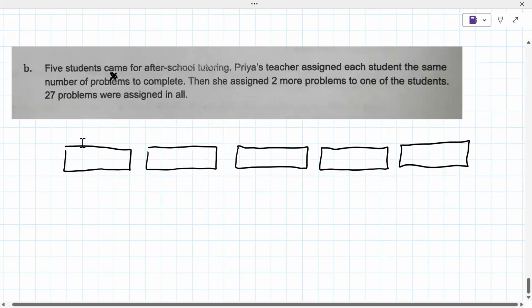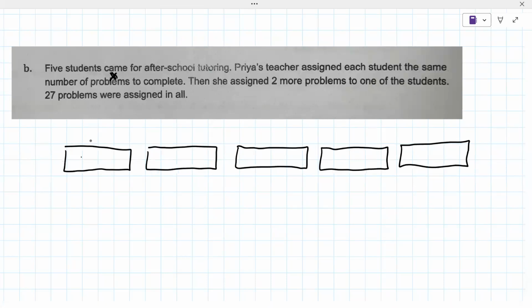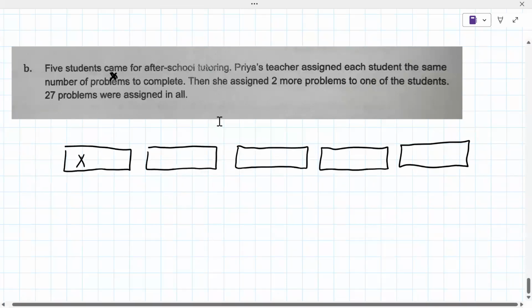Okay, so how many problems does the first student get? What letter are we using for that? X. Okay. Do you want to make this one the one that gets 2 more or not? It's up to you. No. Okay. How about the next student? How many problems do they get?